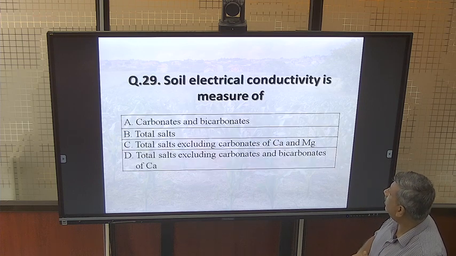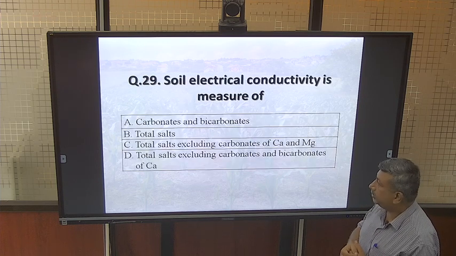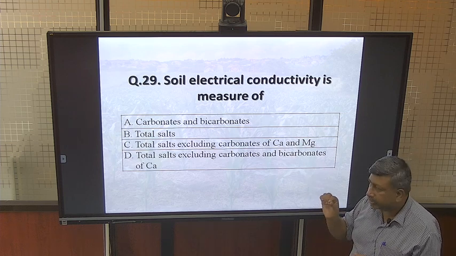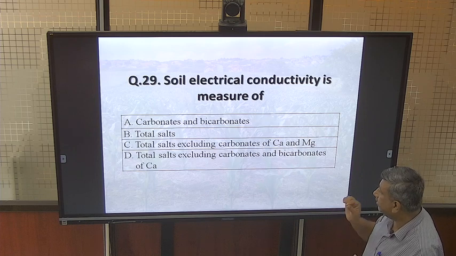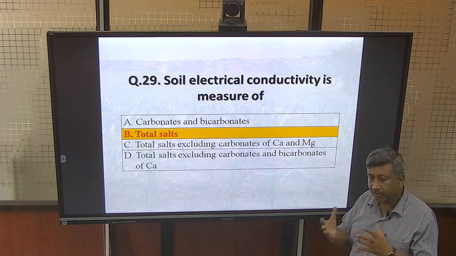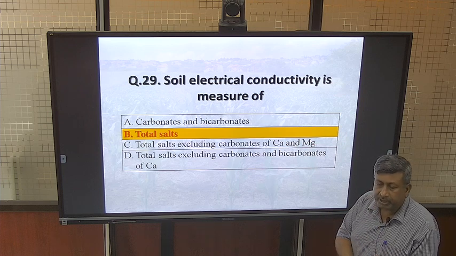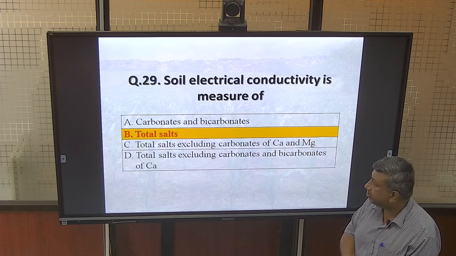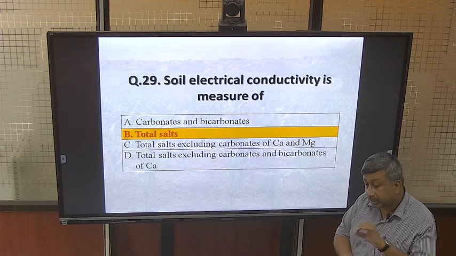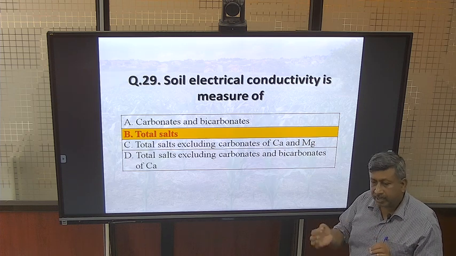Then soil electrical conductivity is a measure of. So, what parameter is measured by electrical conductivity? Electrical conductivity measures total salt. How much salt is present in water, how much salt is present in soil is measured by electrical conductivity, because electrical current is carried by ions.